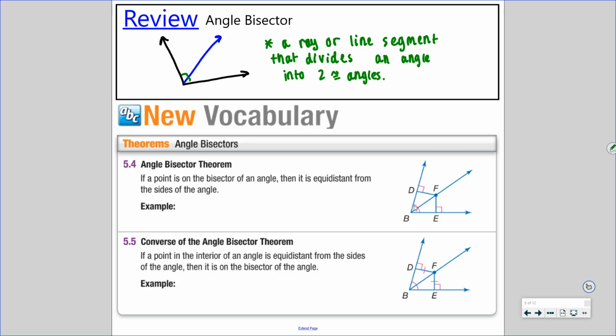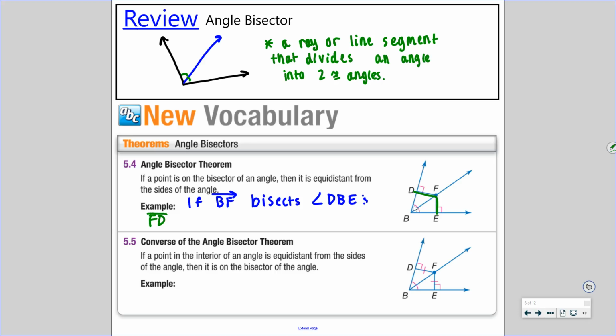So let's write it out in words. If ray BF bisects angle DBE, and you also have to show that these are perpendicular, meaning we're looking at the shortest distance.